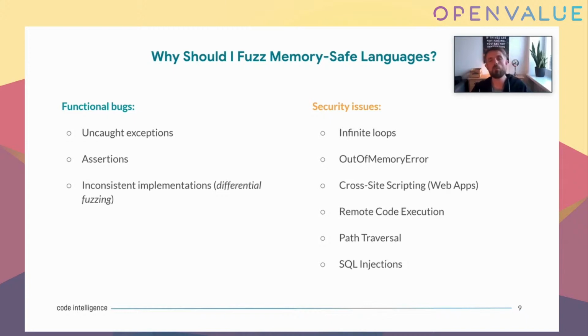But what is even more important today is the security issues. Even in programming languages like Java, you might create something like infinite loops or out of memory errors because you allocate too much memory and then your entire web backend crashes.